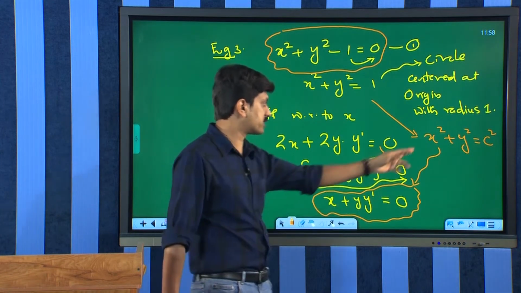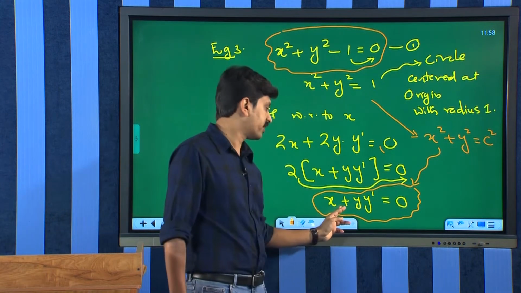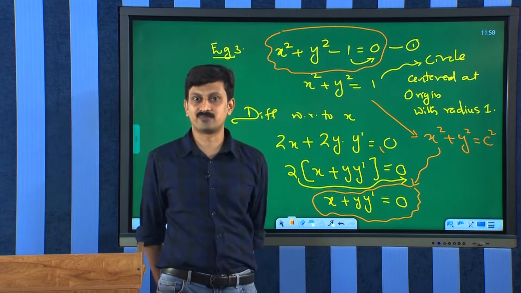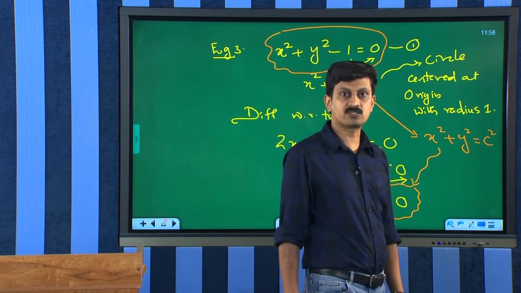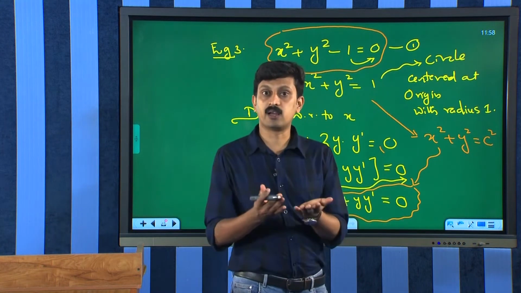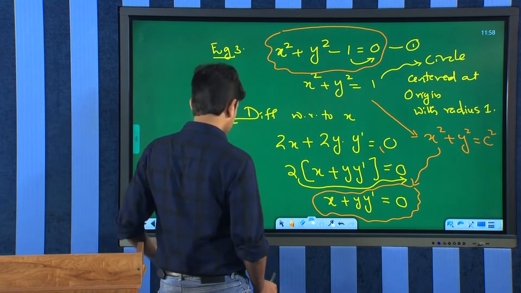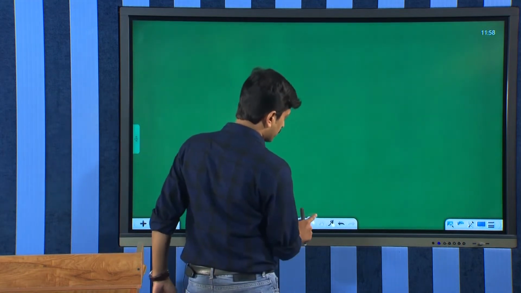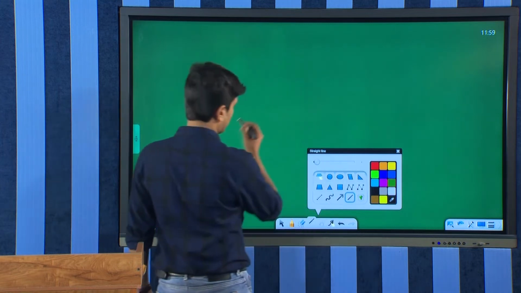So that is why we can say that x square plus y square is equal to c square is a general solution of x plus y dash is equal to 0. So, what about this figure, x square plus y square equal to c square? You can have many circles centered at origin with radius.